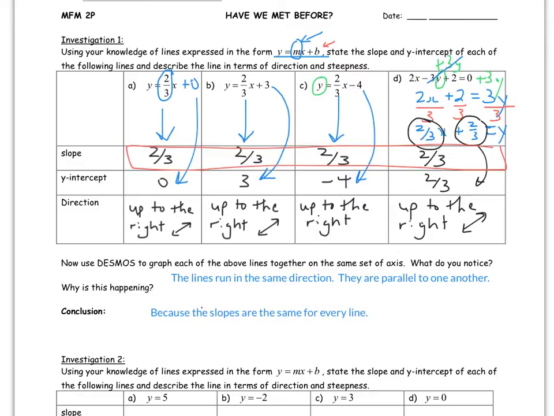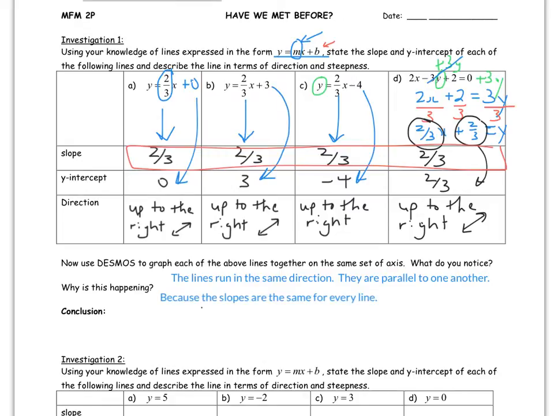Now, our conclusion to this is that if the equations of our lines have the exact same slope value, we know that those lines are going to need to be parallel to each other.